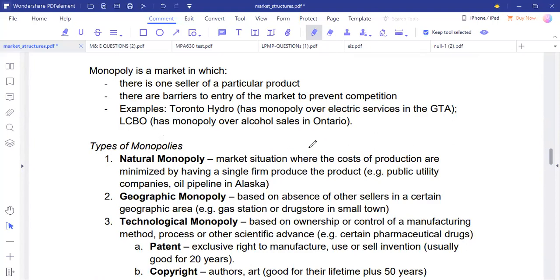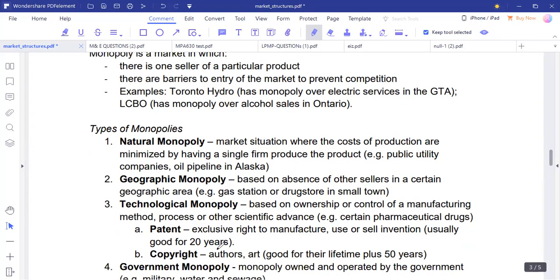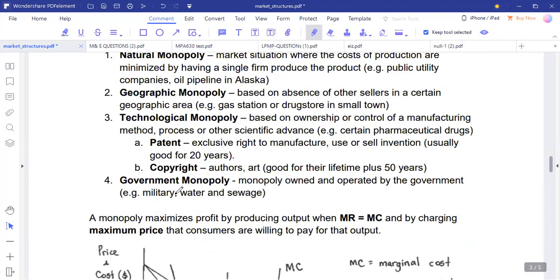For instance, a public utility company, Zesco, is naturally a natural monopoly because of it being a public entity. Geographic is because of having certain geographic abilities, like the Copperbelt, the geographic monopoly that produces copper. Technological is based on the scientific research that has been done in a particular field. Government monopoly, owned by government, like a storage company.